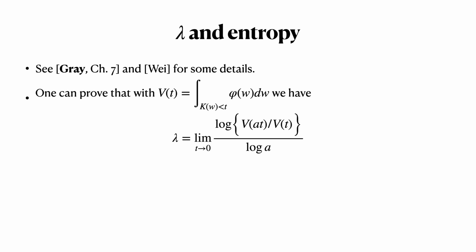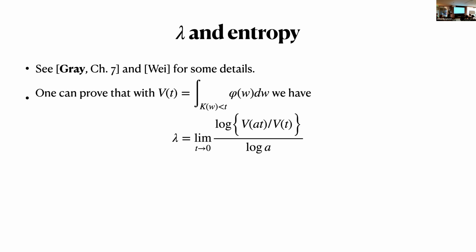I think this is the easiest definition of the RLCT to understand. VT is the volume of the set of parameters that are almost true: the integral of the prior over the set where K(w) is less than T. If you take the logarithm of that divided by log a and take the limit, you get the RLCT.